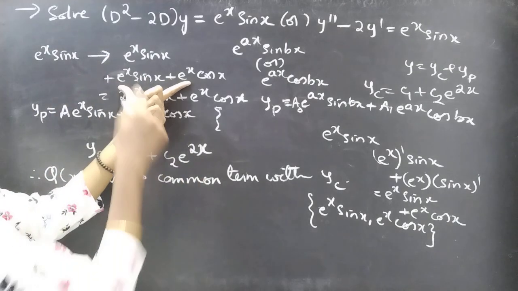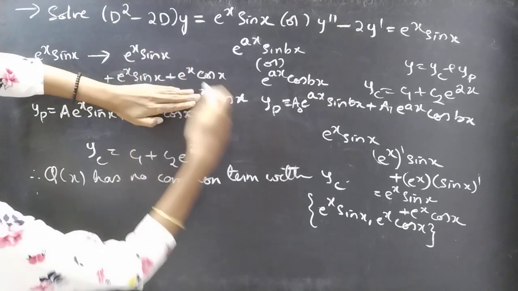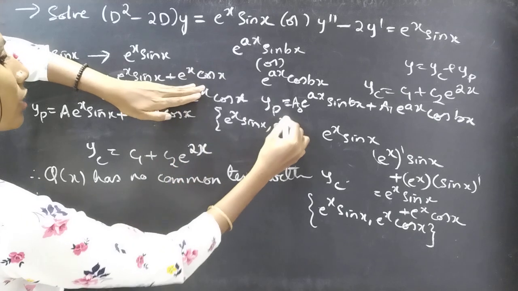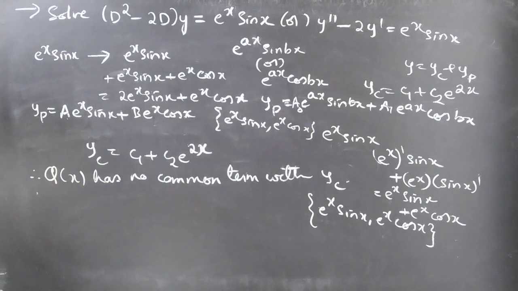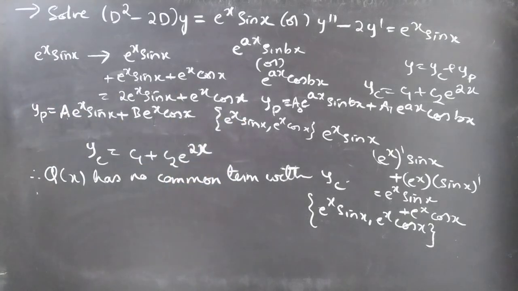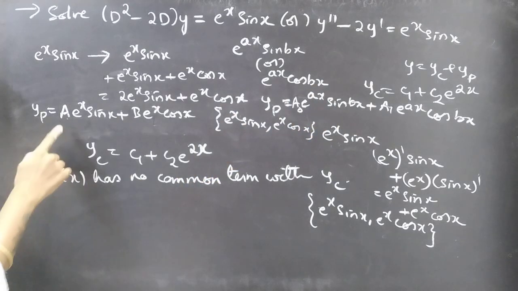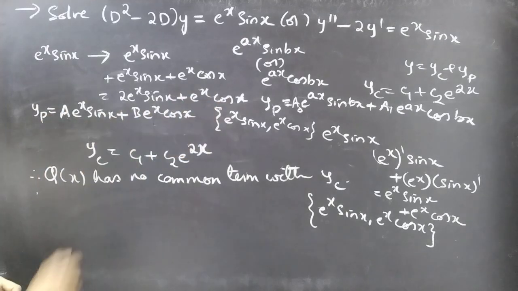Just by looking at q of x and its derivatives, we can say that yp should involve e power x sin x and e power x cos x. Using constants or undetermined coefficients, just write yp from this, or you can just use this formula. I wrote a instead of a0 and b instead of a1 here. So finally we got yp.